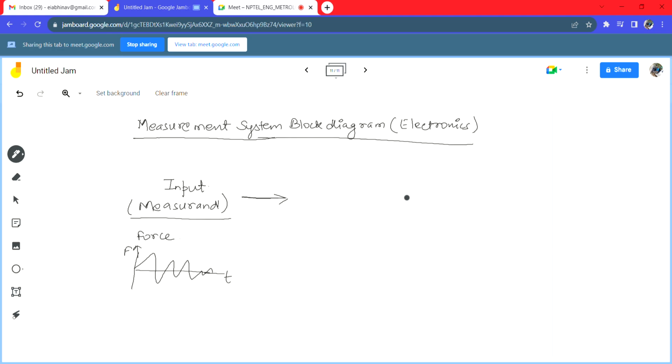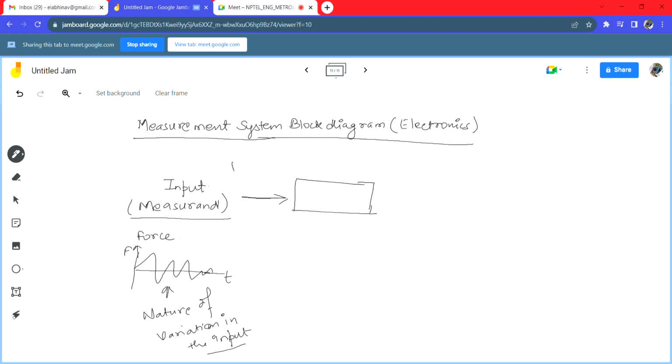Now, when we have to design an electronics based system, we should understand the basics of electronics involved in this. And before understanding the electronics involved, we should understand the nature of variation in the input. Okay, so let us say the first thing that it hits is a transducer.